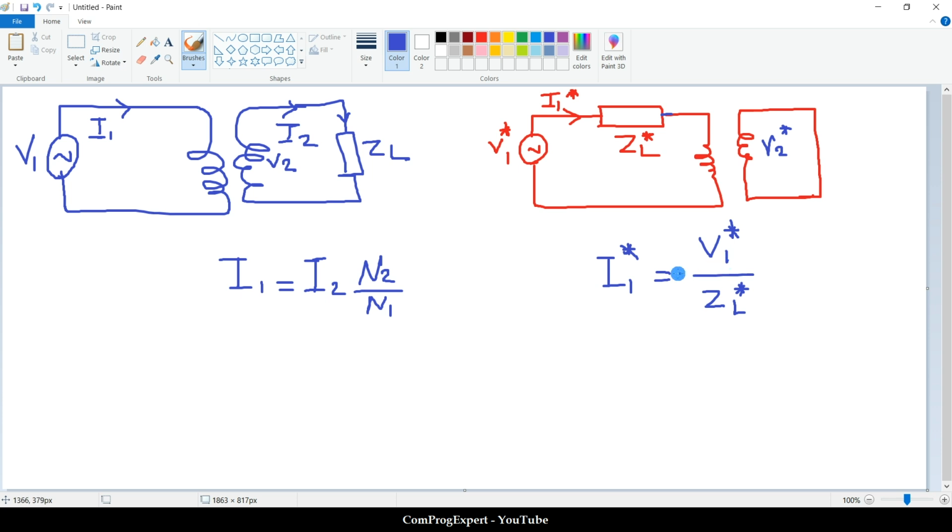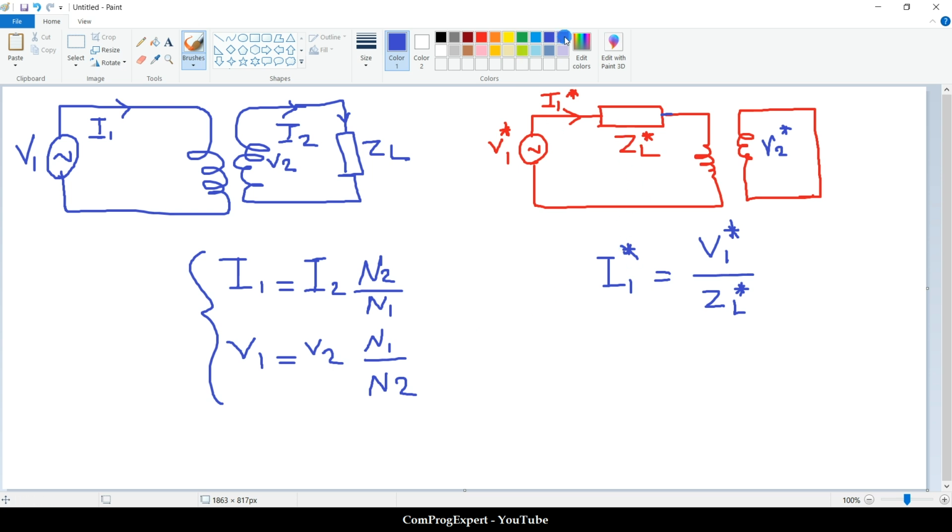We need to consider V2 in this equation. So we can write V1 is equal to V2 times N1 divided by N2.